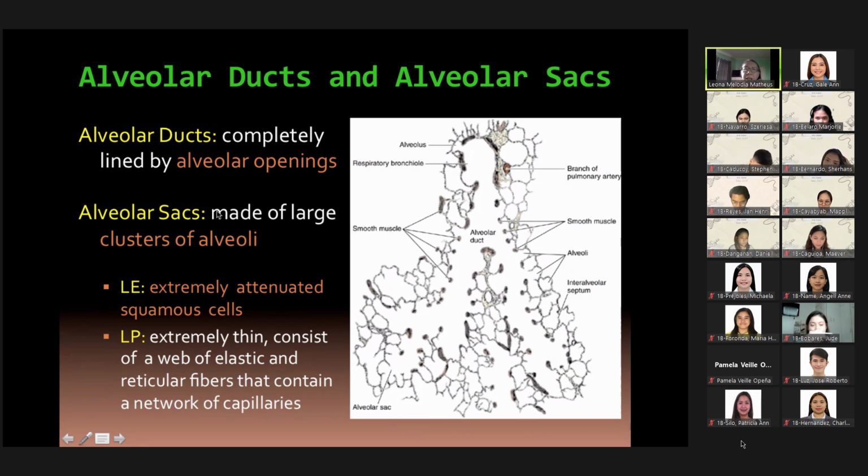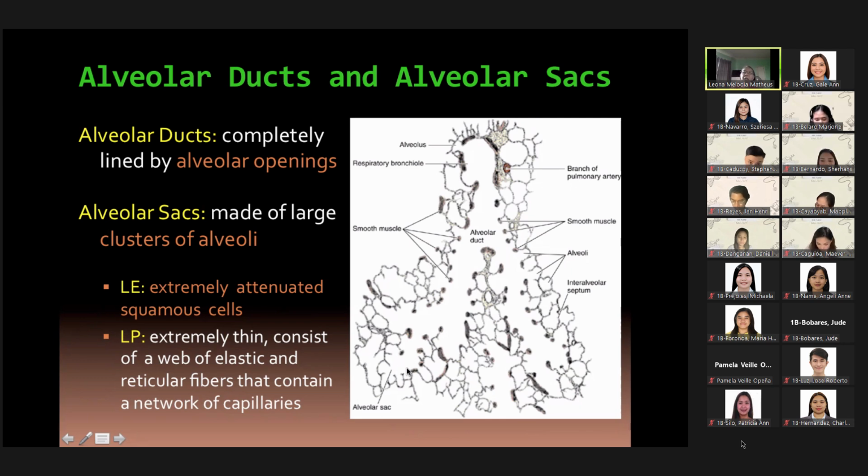As noted here, the alveolar duct is completely lined by alveolar openings. You can see one alveolus after the other in your alveolar duct. Whereas in the alveolar sac, it's simply made up of a cluster of alveoli.